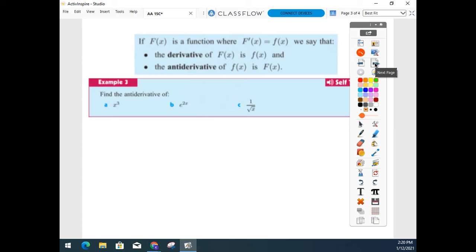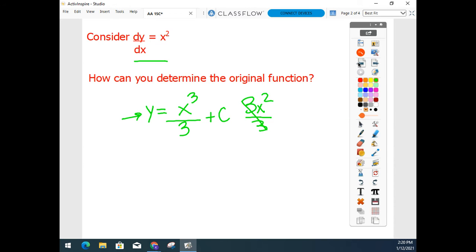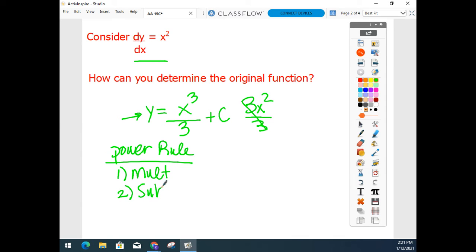So I actually have some space. Think about the process. Let me come back here. Think about the process. When we do the power rule, what do we do for the power rule? We bring that down, multiply any coefficients by that exponent, and subtract 1 from the exponent.